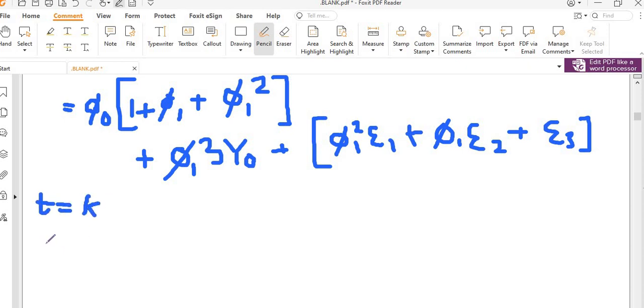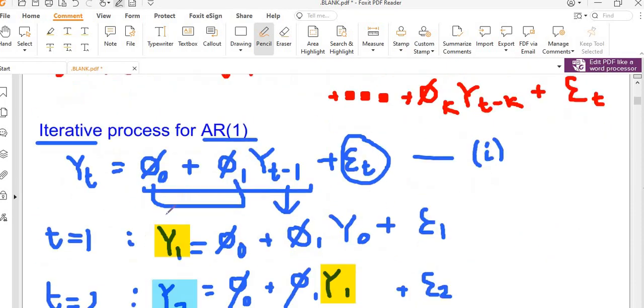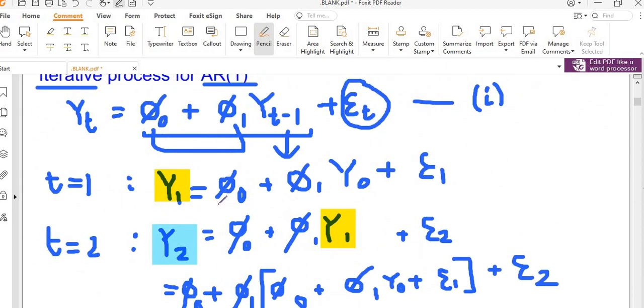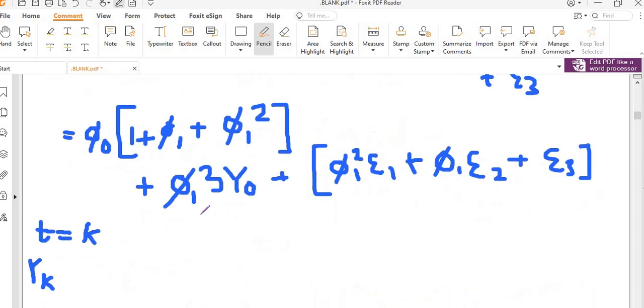So what do we have if we put t equal to k? We have yk on this side, because the original expression was y1: you put t equal to 1, you get y1, you put t equal to 2, you get y2. So put t equal to k, you get yk.